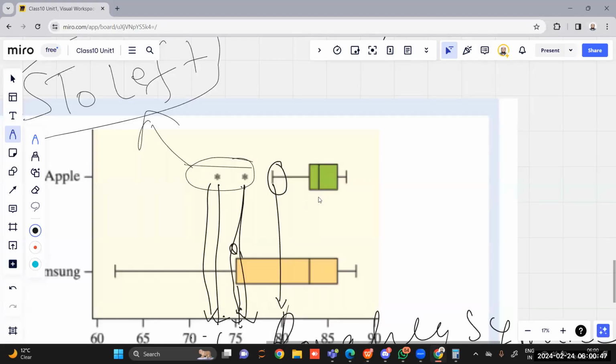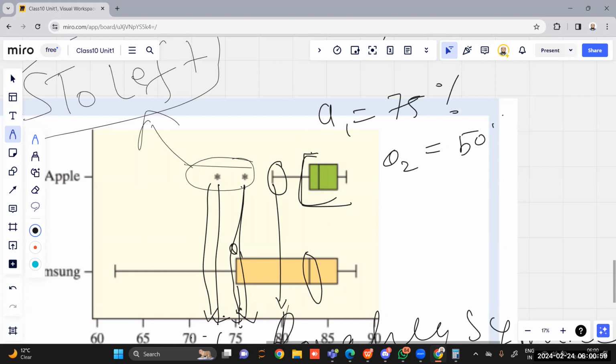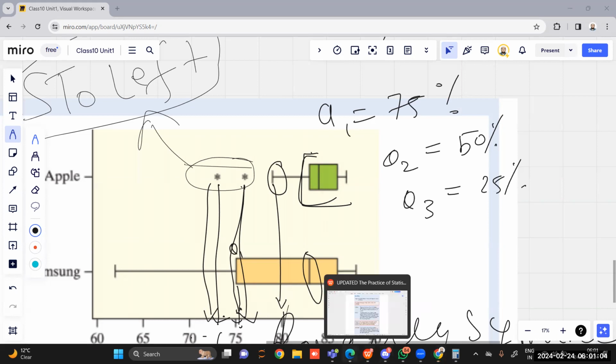So see, the greater than median of Samsung is here, and see here most of the data set. Q1 represents 75% of the data. Q2, I've told you, represents 50% of the data, and Q3 represents 25% of the data. If we plot a box plot, from here onwards there is 75% of data in front.